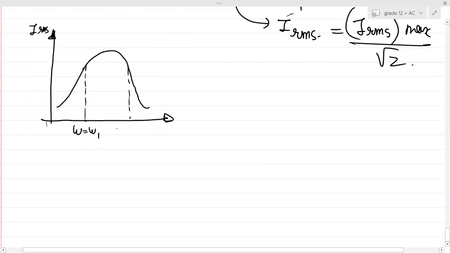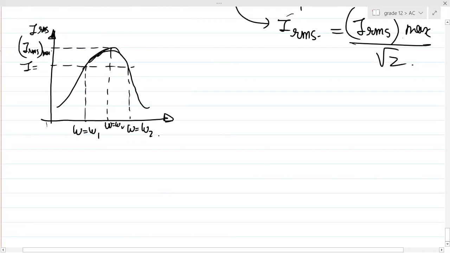So at omega equals omega 1 and omega equals omega 2, the current is basically the maximum divided by root 2. At omega equals omega naught, this is the I RMS maximum value, and at this particular instant the value of I RMS will be equal to I RMS maximum by root 2.